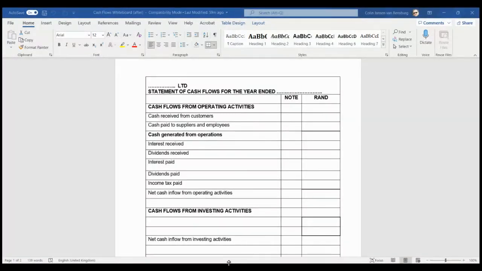So the suppliers of your stationery, for instance, right? Or the suppliers of your internet services, or the suppliers of your telephone services. So you can already see that any kind of expense that you've incurred, which will result in an outflow of cash, will be a cash payment made to some sort of supplier.